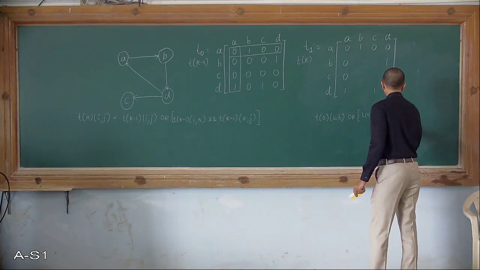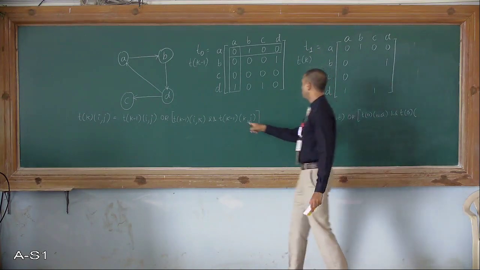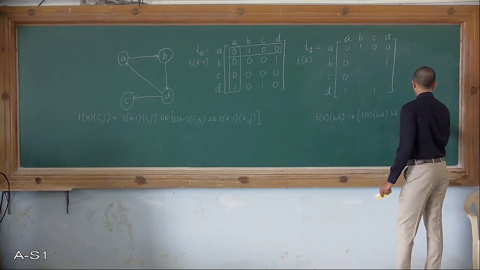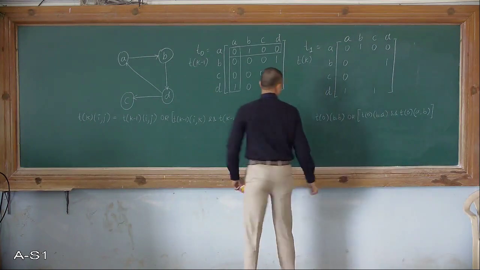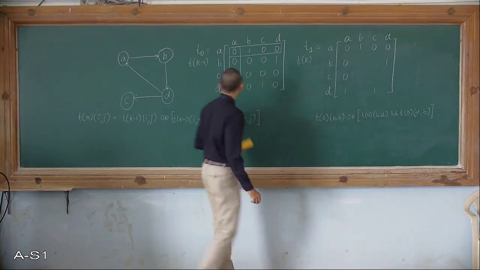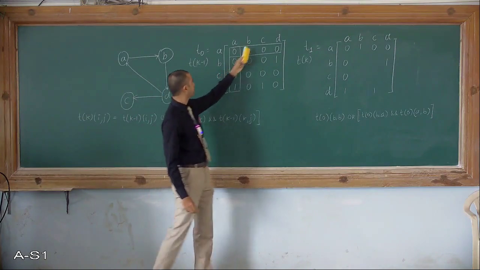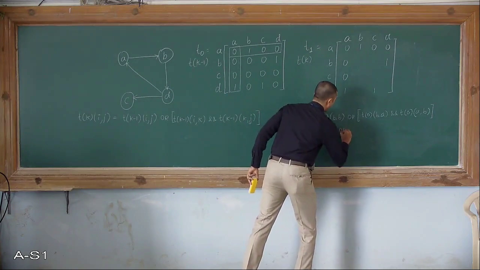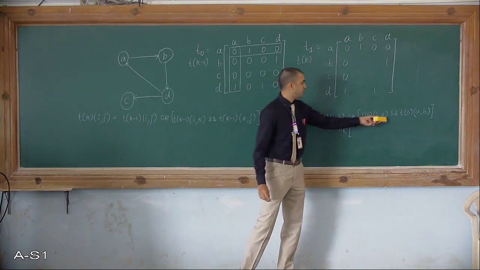And T of 0, k comma j. What is k over here? A. What is j? B. Let's see. B comma b in T of 0. What is the value of b comma b? It is 0. Or is there an edge from b to a in T0?